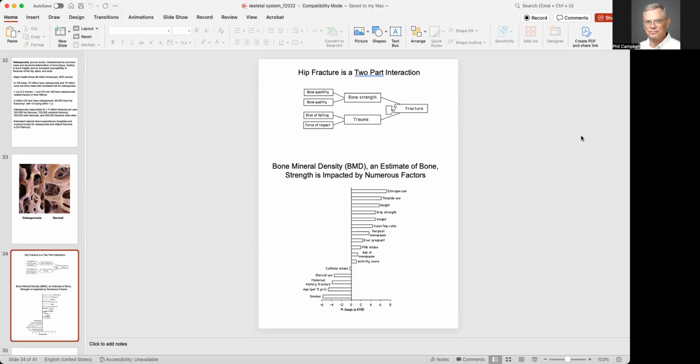Trauma is a function of two things: the risk of falling as well as the force of impact. So let's think in terms of an old guy like me. One of the things that happens as I get older is my sense of balance is not what it used to be. My eyesight isn't what it used to be, which means there's a greater risk of me falling.